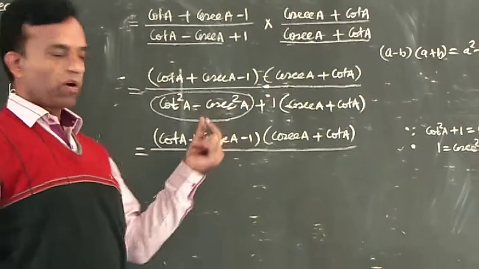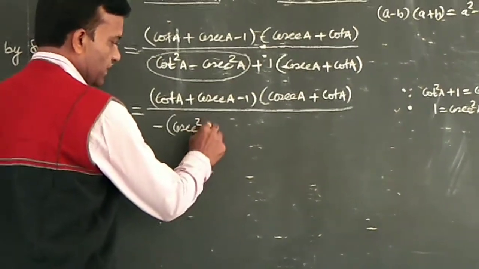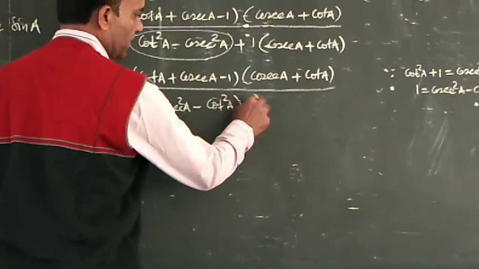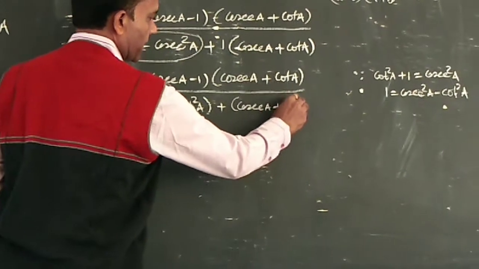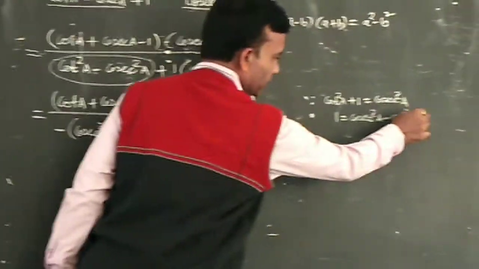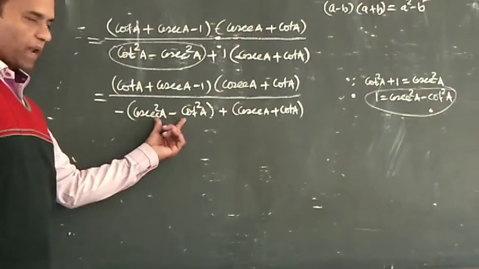So minus sign taken common here. Then it is cosec square a minus cot square a, then plus cosec a plus cot a. Okay, now from the identity this is 1 here. So this bracket is having 1.